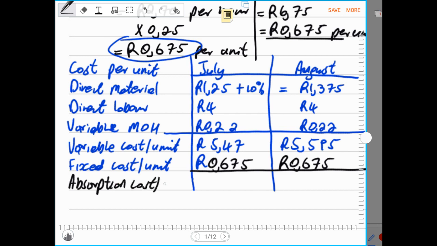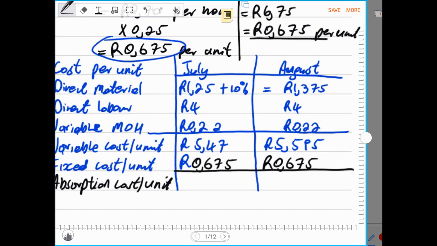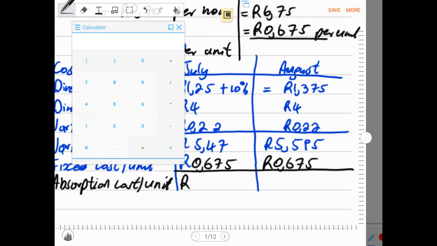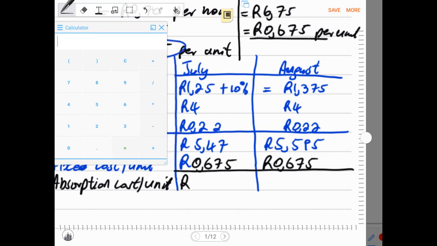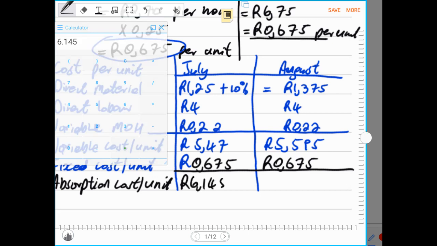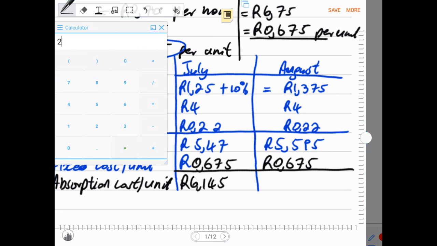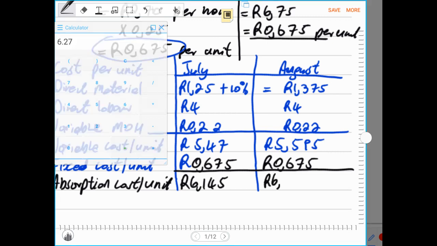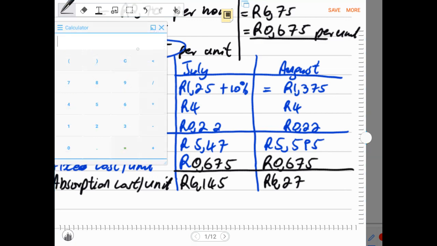We know that our absorption cost per unit will be 5.47 plus 0.675, and this will give us 6.145, and 5.595 plus 0.675, and it will be a total of 6.27.